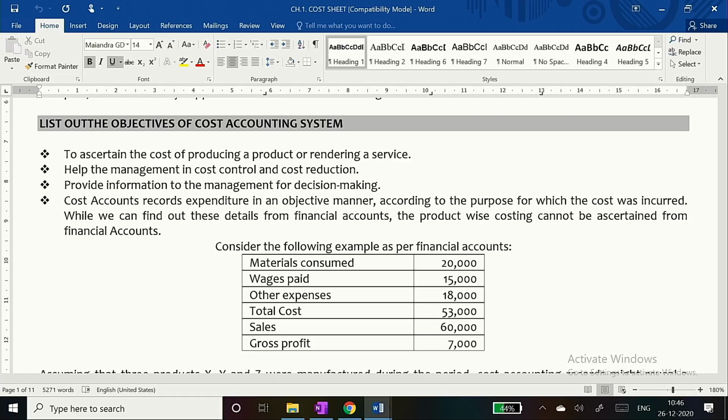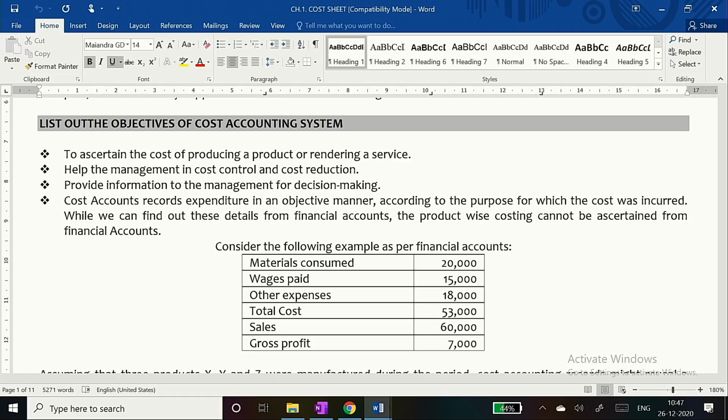Provide information to management for decision making. Cost accounts record the expenditure in an objective manner according to the purpose for which the cost is incurred. While we can find out these details from financial accounts, the product-wise costing cannot be ascertained from the financial accounts.